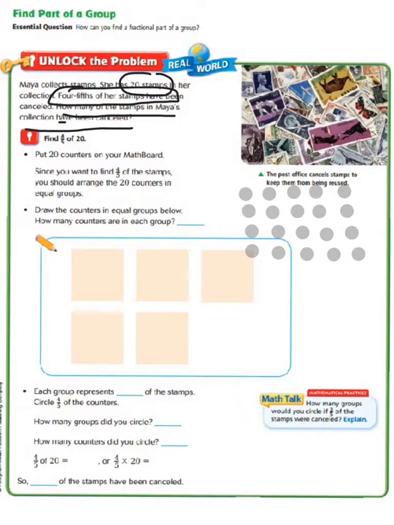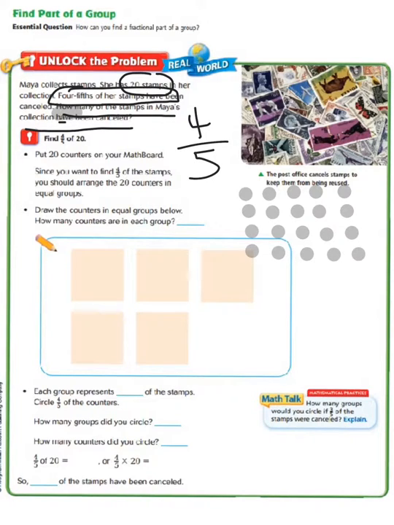equal groups. But how do we know how many groups we should have? Well, if we look back at our fraction, it says 4/5 of her stamps have been canceled. That's our fraction.